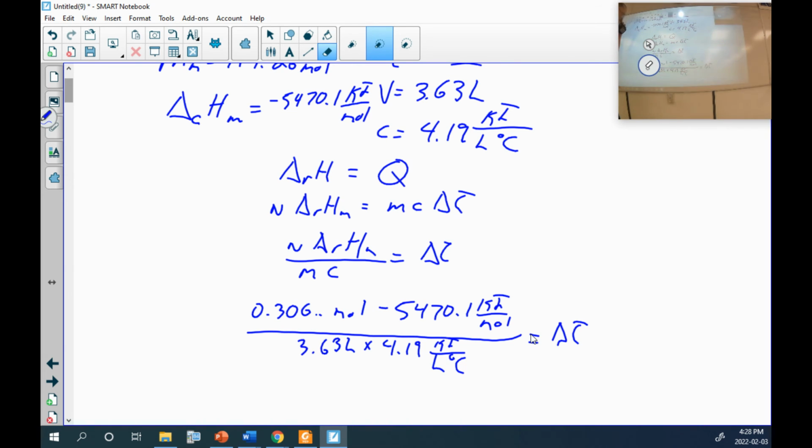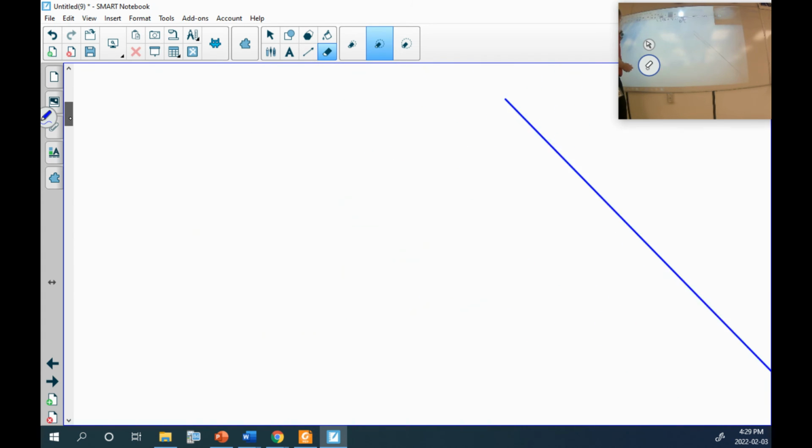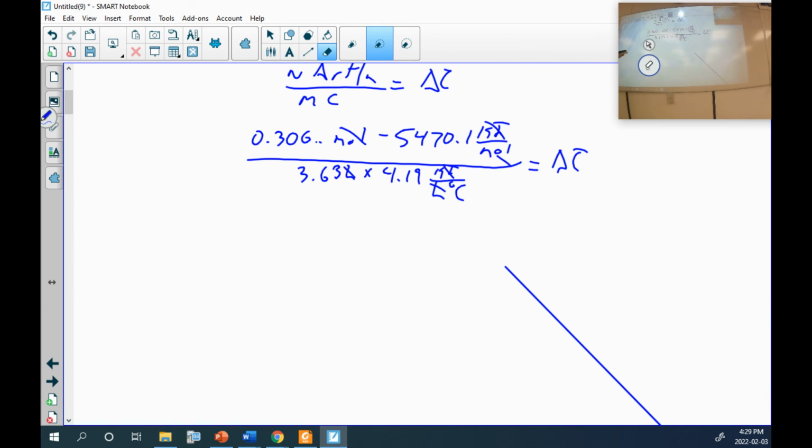So I'm just going to check to make sure everything crosses off. Those moles will cancel, those kilojoules will cancel, these liters will cancel, leaving me with 1 over 1 degree Celsius. So that's your degree Celsius, that's a good thing. Now it's just a question of plugging that in.